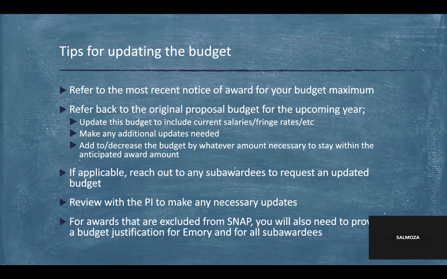So just some tips for updating the budget. You'll want to refer back to the most recent notice of award for your target. So we looked at that the other day. It will show you your current year award and then future year awards. So you're just going to want to use that next year expected amount as your budget target.